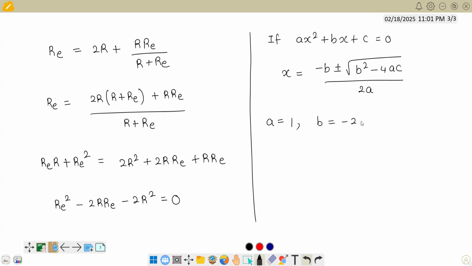The b value is minus 2R, and the c value is minus 2R square. If I substitute that, we will get RE equals minus b plus, I cannot write plus or minus. The reason is effective resistance has to be positive. It cannot be negative.